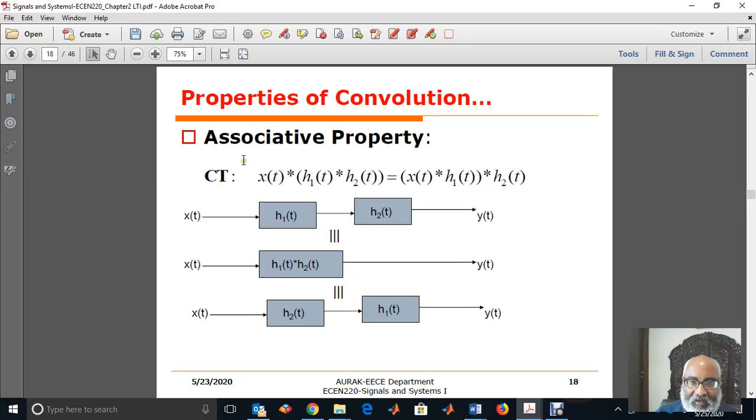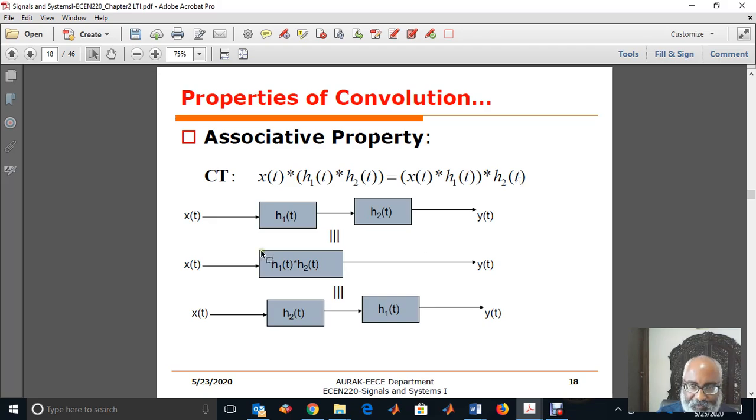Next is the associative property. If I have x of t convolved with h1 of t convolved with h2 of t, that means first we do h1 of t convolved with h2 of t. It will be the same as first doing x of t convolved with h1 of t and then with h2 of t.